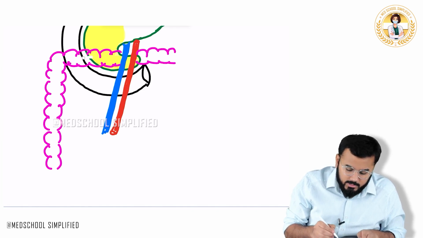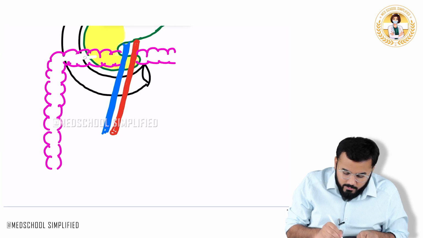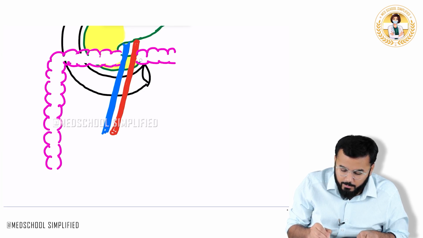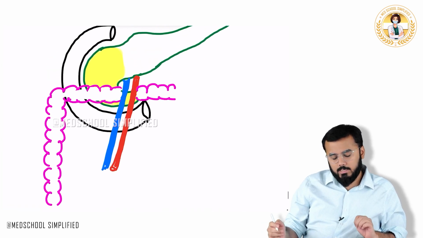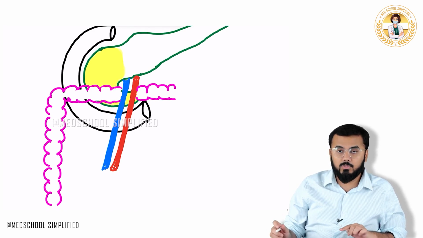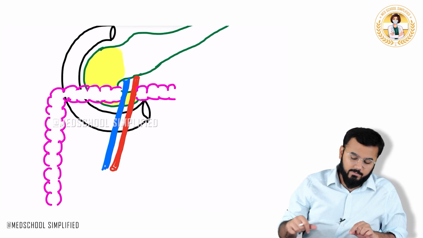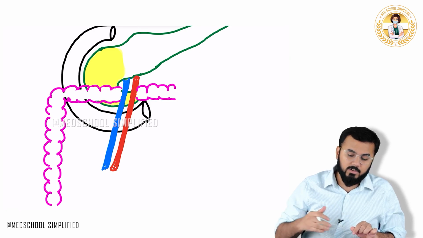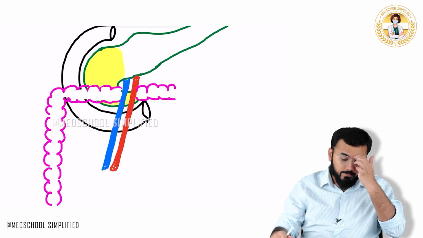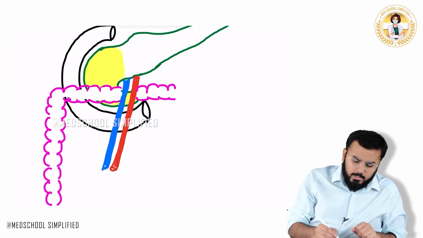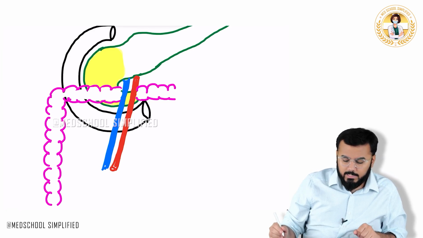If I rub out this area over here, you can very clearly visualize that the transverse colon is also passing in front of the head of the pancreas, isn't it? If you look at this picture right now, you can see that the transverse colon is passing on the surface, in front of the head of the pancreas.